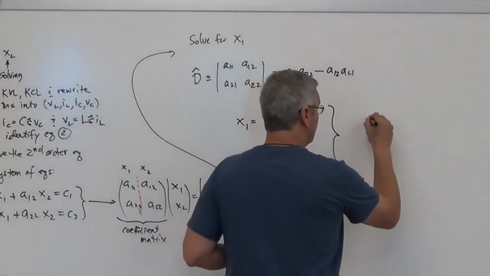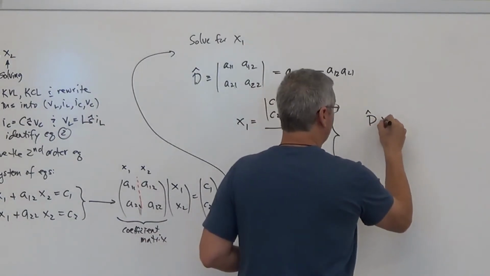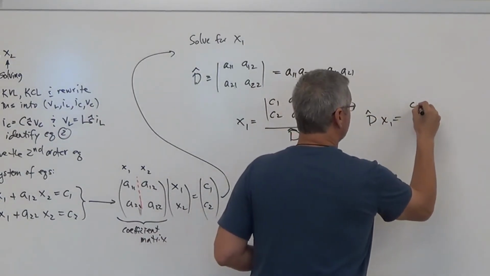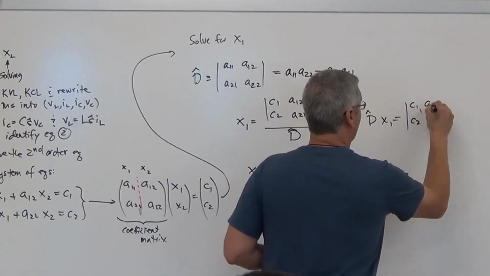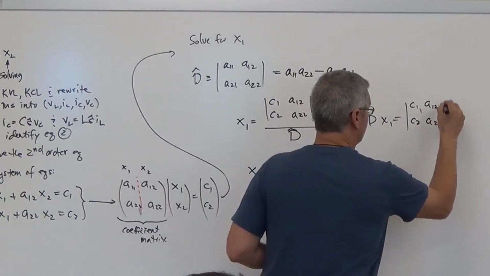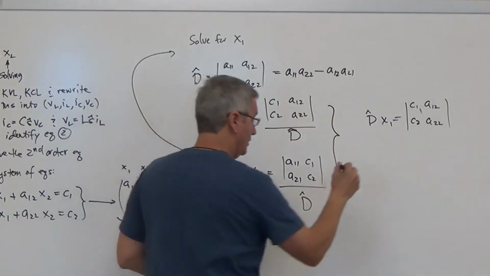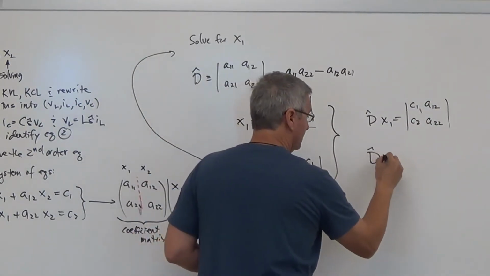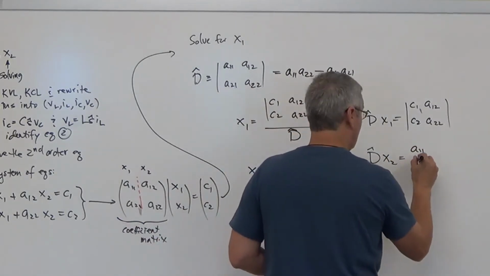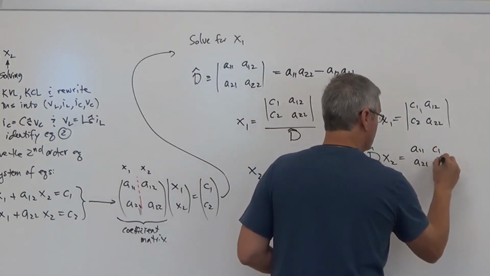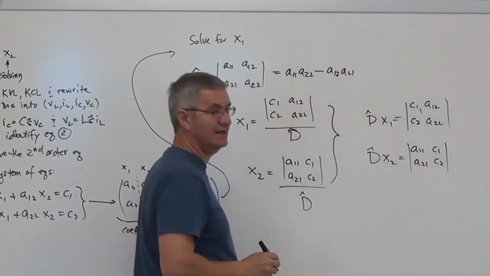I'm going to write D x1 equal to C1, C2, A12, A22. And then D x2 is going to be A11, A21, C1, C2. So it looks like this.